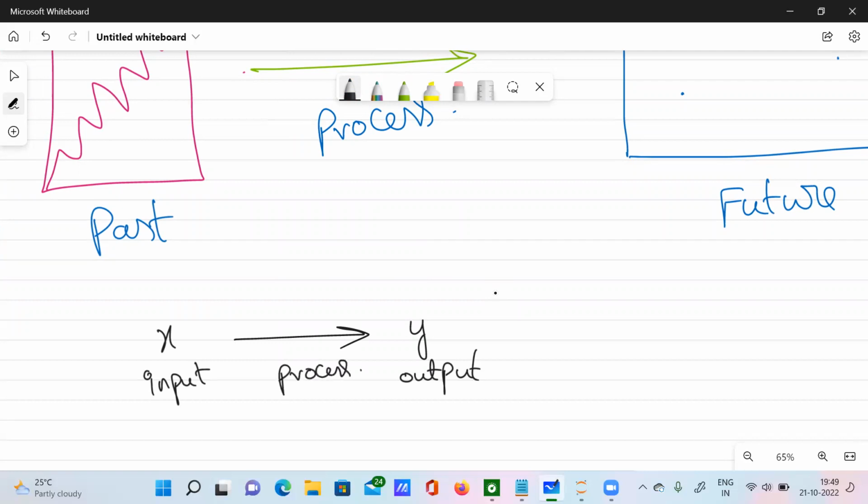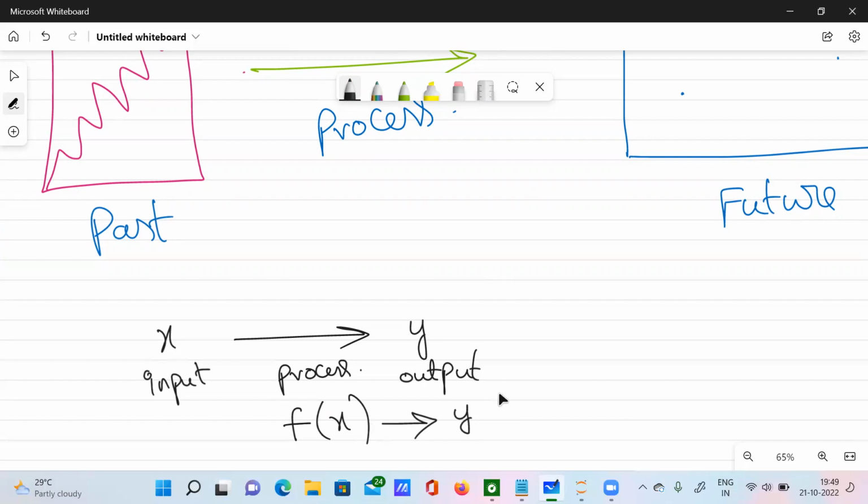We can also call the process f of something. What is that something? Something is nothing but our input. So f of x, if we process this particular input using our process, we will get the output as y. Did you get this?